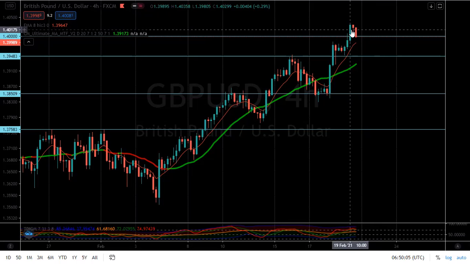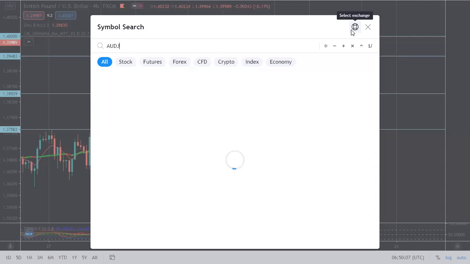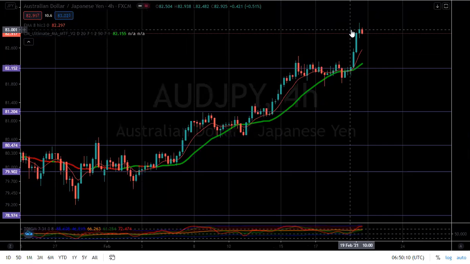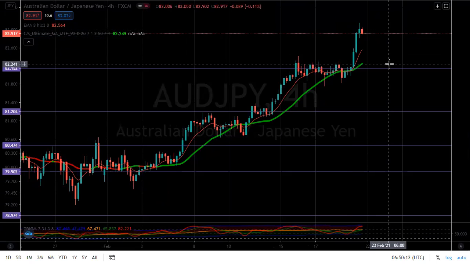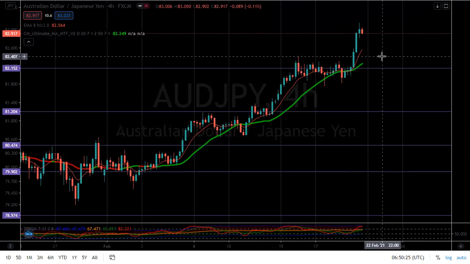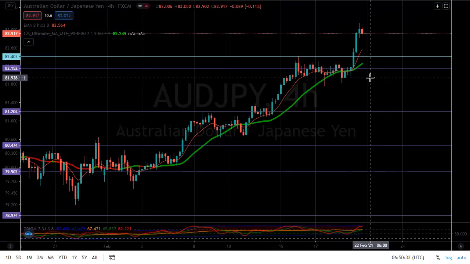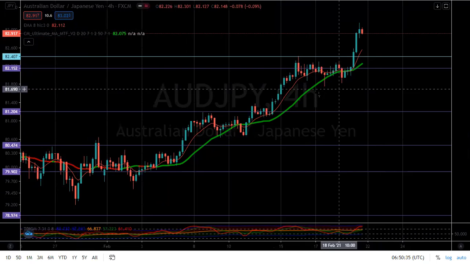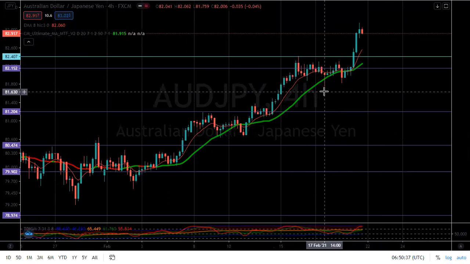The next I'll look at is the Aussie Yen pair. And for Aussie Yen, we have something that looks quite like what we have on the pound dollar pair we just looked at. And for this, I'm looking for the same, price coming to this area, between the 82.40 area and the lows here at the 81.75 area.